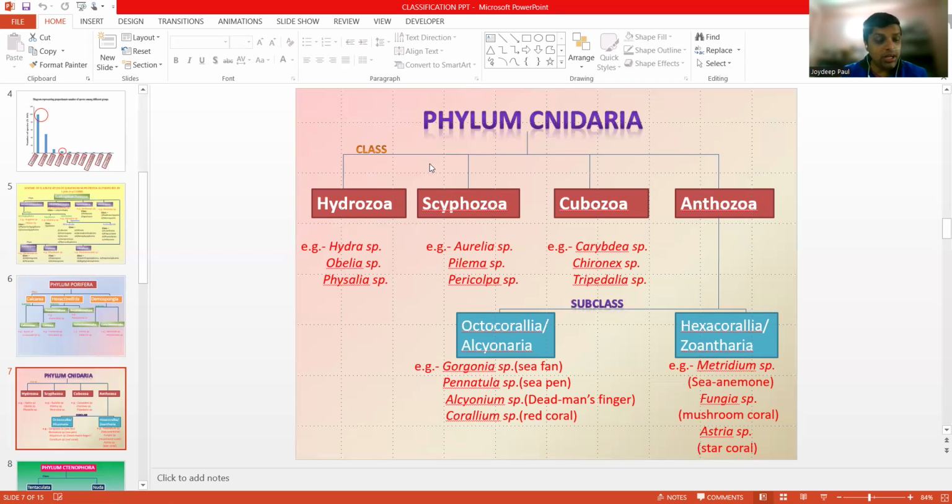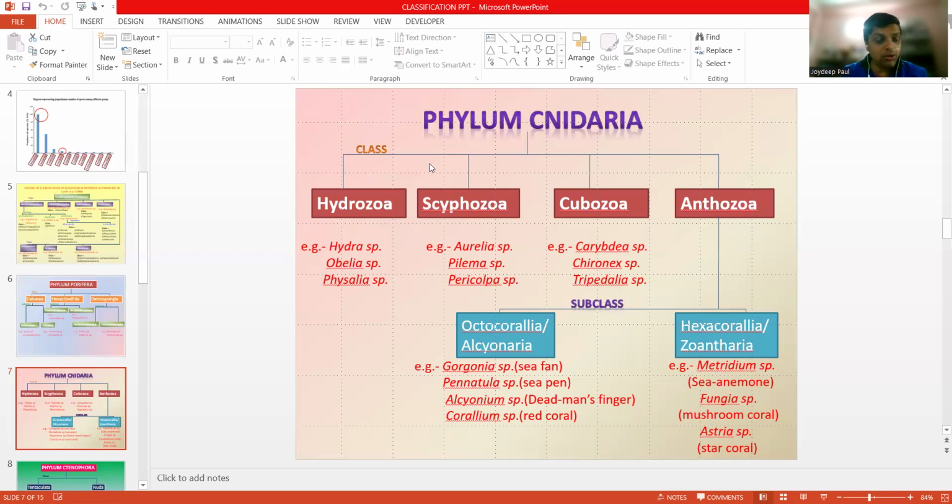Asexual polyps are the dominant forms. Medusa possesses a true velum. Mesoglea is simple but acellular. Examples: Hydra, Obelia, Physalia, which is commonly known as Portuguese man of war. The next class is Scyphozoa, exclusively marine, solitary, free swimming.